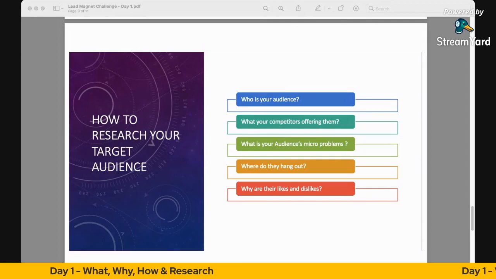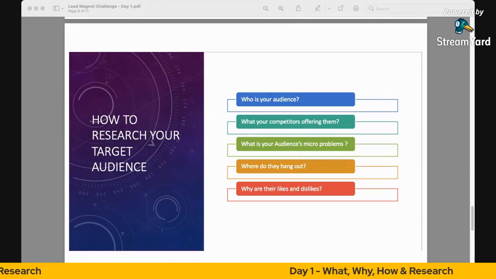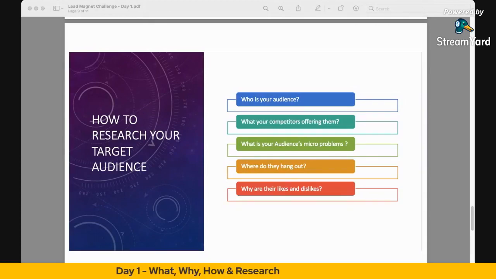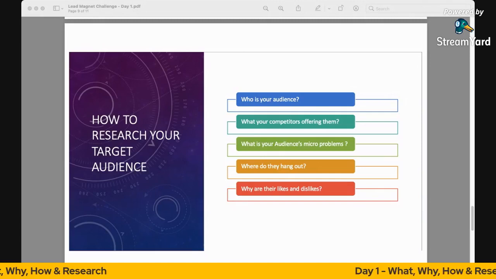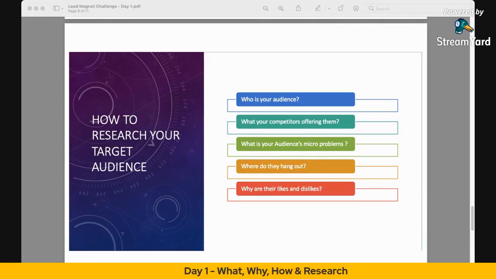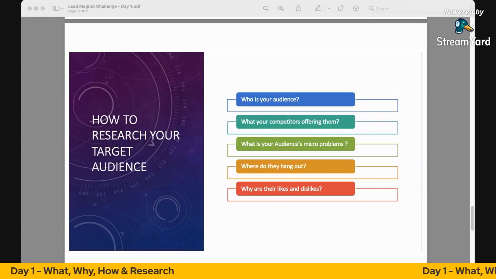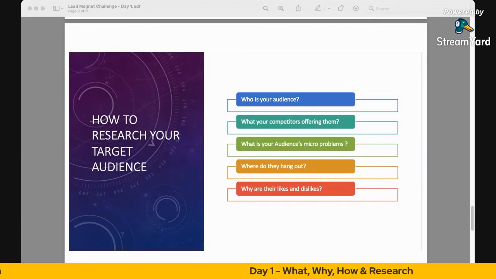And what are your audience's micro problems? For example, if you're an e-commerce site selling clothing for men, women, and children, or fashion accessories, what do you want them to believe about your store?